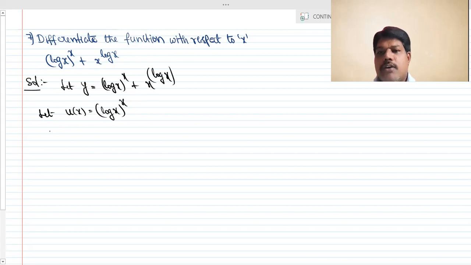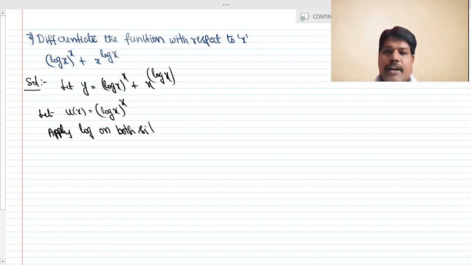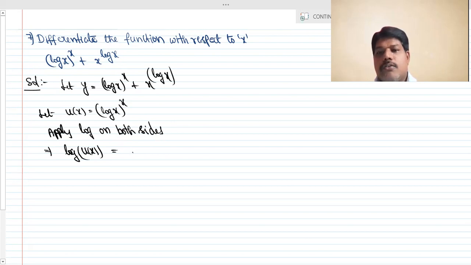Then apply the log on both sides. So log u of x is equal to log of log x whole power x.